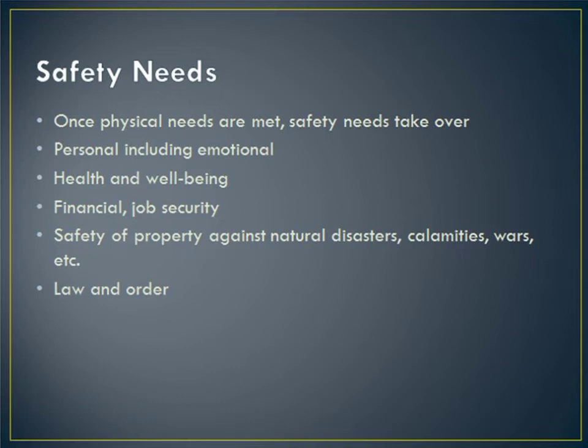Such needs may be fulfilled by living in a safe area, financial reserves, job security, and good health. According to Maslow's theory, you cannot move up the pyramid to the next stages if you feel threatened. Once the threat has been addressed, you can move up the pyramid.